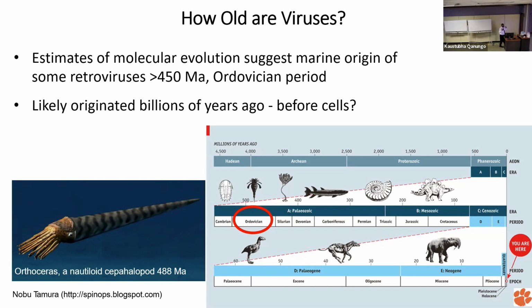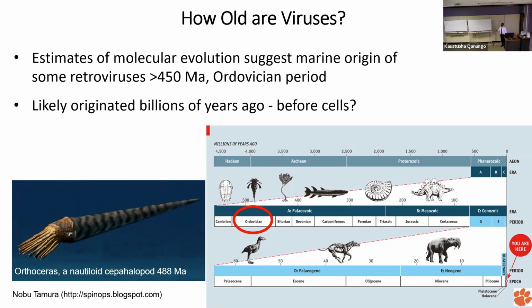And by a complicated process, you can back calculate these numbers for when they are. So approximately in the Ordovician period, it is understood that at that time is probably the latest that we can go to see some of these viruses or the retroviruses.